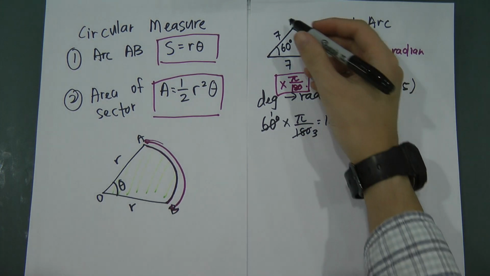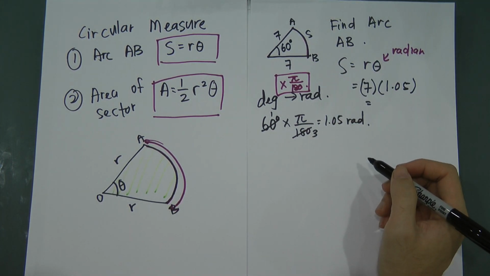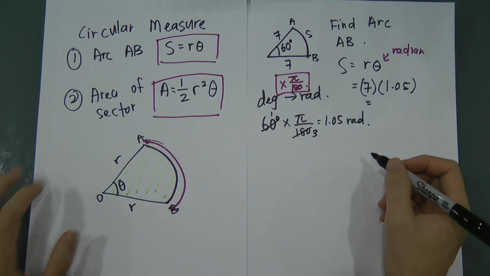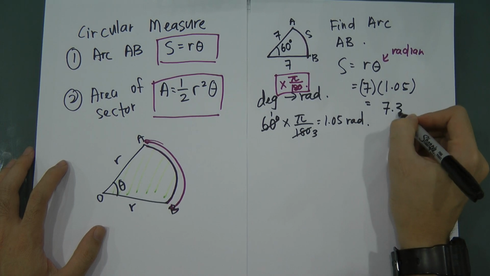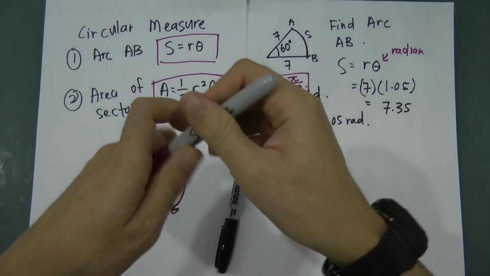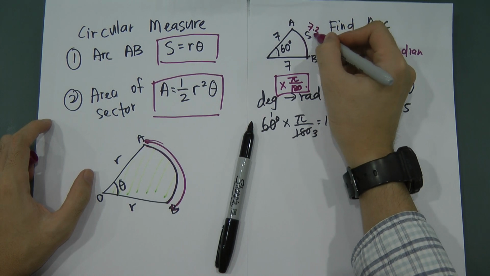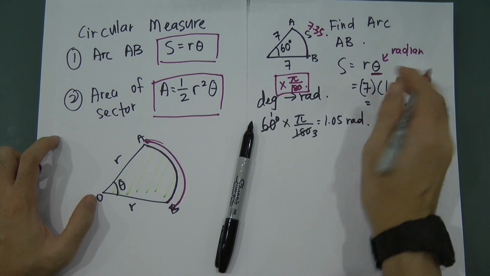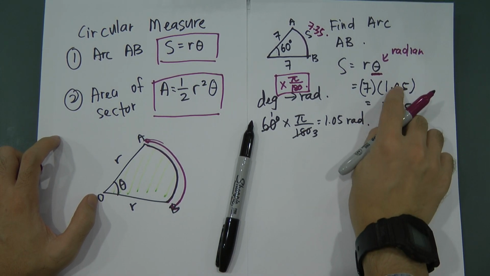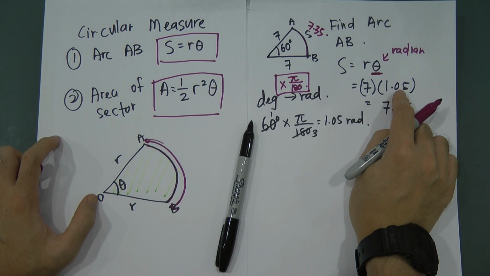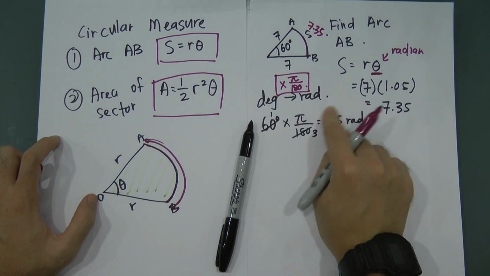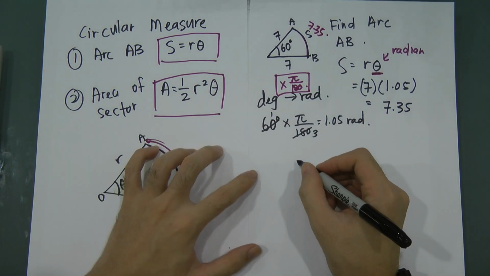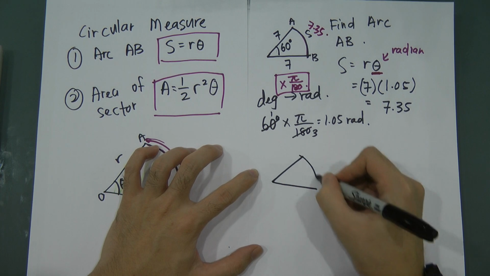Not my angle, my arc AB will be 1.05 multiplied by 7, which is 7.35. Therefore my length here is 7.35. Very important: the angle must be in radian. If you put 60 degrees straight away, you get it wrong. That is how to change degree to radian.